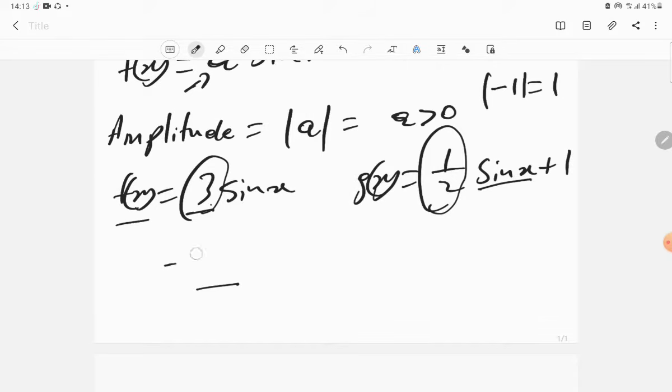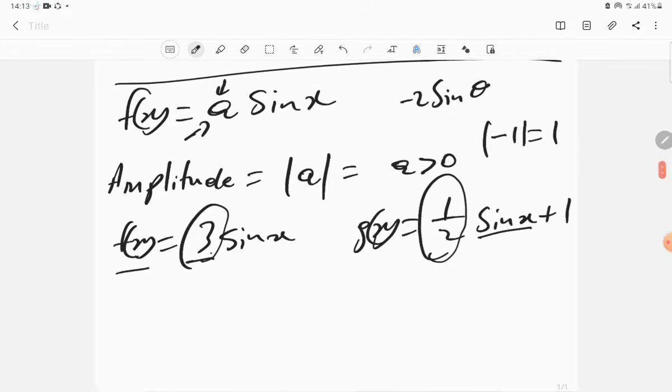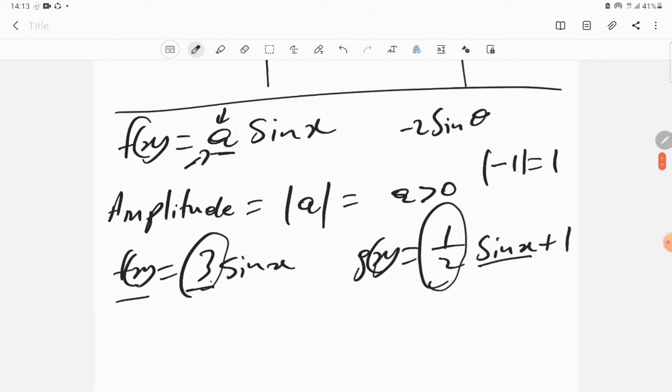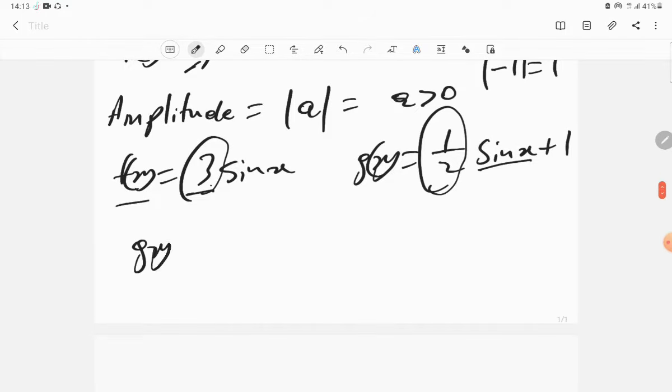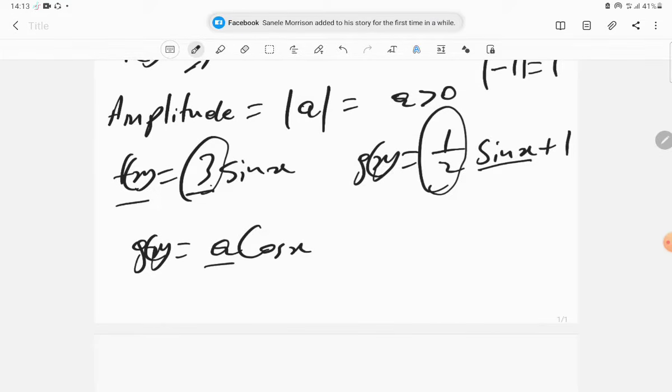So what we have spoken about, the coefficient a, does the same thing to the graph of cos as well. So this a is the positive amplitude of this cos graph.